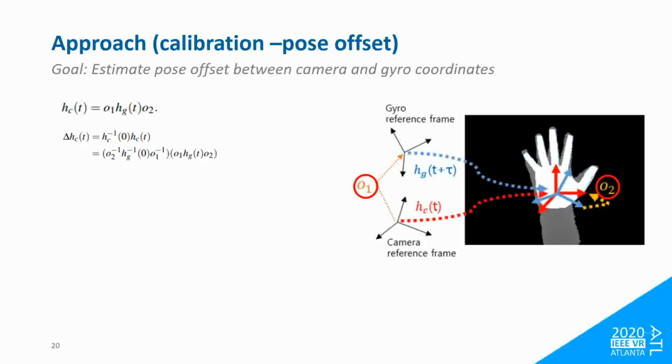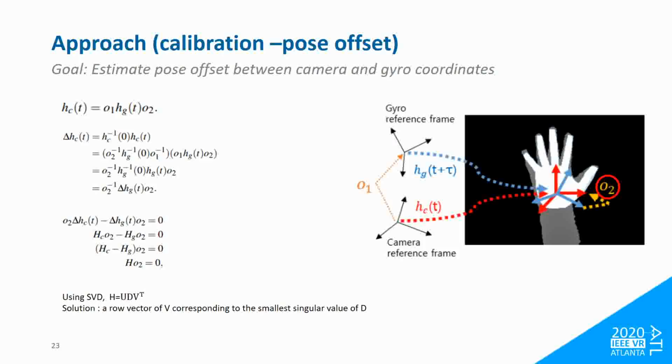We can represent this using the gyro pose and the two offsets. Then we finally formulate the delta of HCT as offset O2 and the delta of HGT. We can reformulate this in homogeneous matrix form. Finally, we can express matrix H and vector O2. We can simply estimate offset O2 with singular value decomposition.